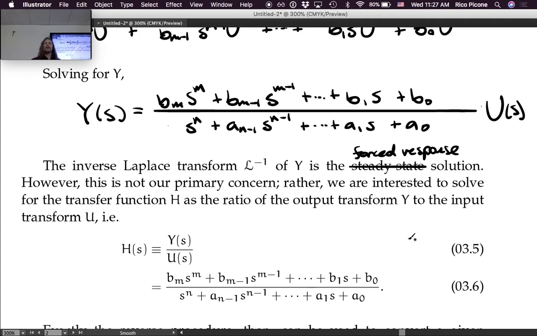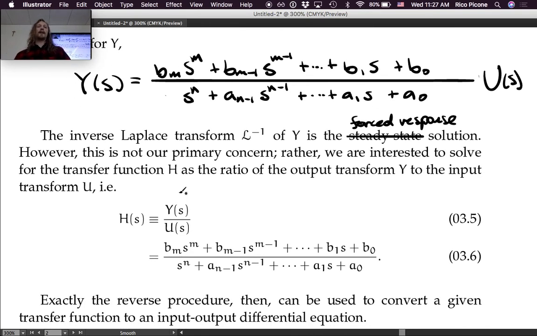However, this is not our primary concern. Rather, we're interested to solve for the transfer function H as a ratio of y over u. So, of course, as we know, H is defined as being y over u, and therefore, we just solve this for y divided by u, bring u over.